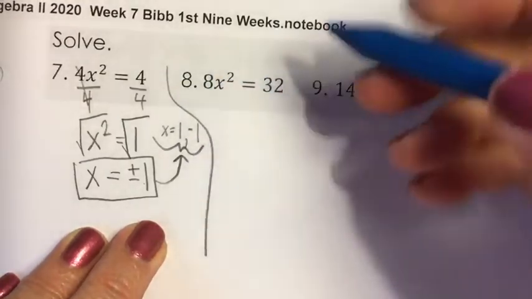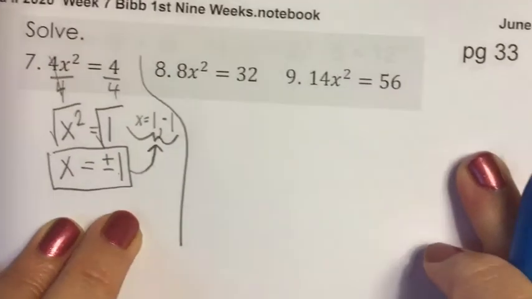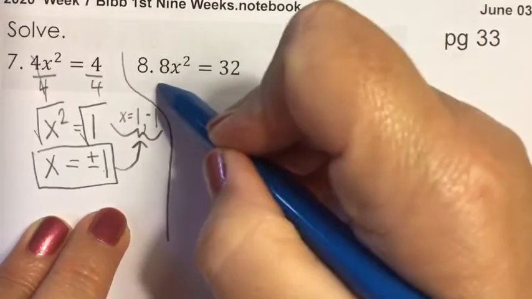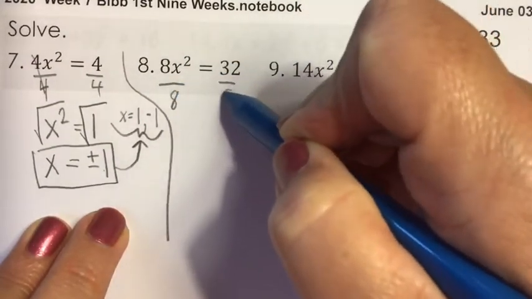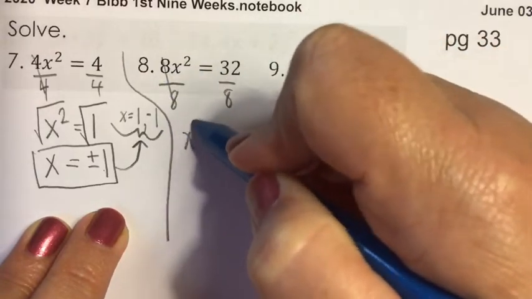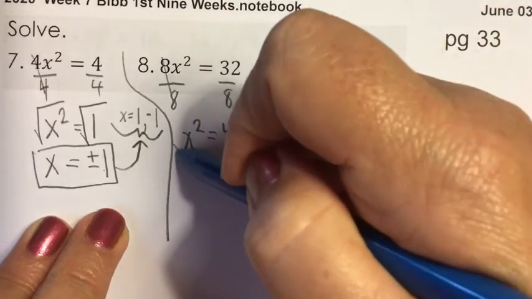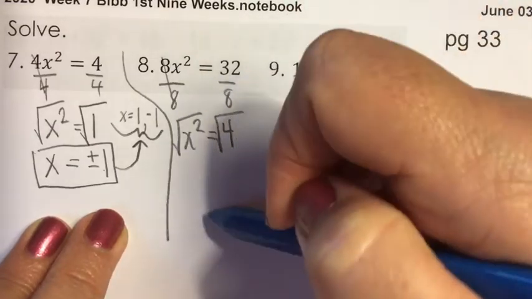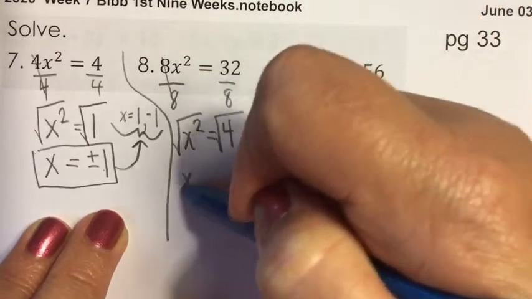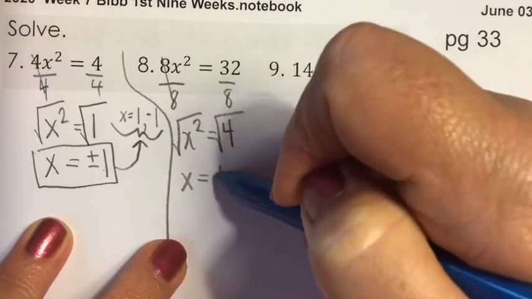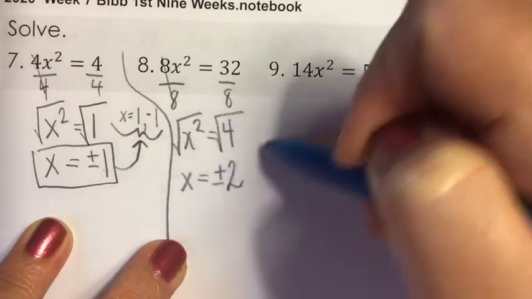Let's look at number 8. I'm going to divide both sides by 8. x squared equals 4. Then I'm going to take the square root of both sides. x is going to equal plus or minus 2.